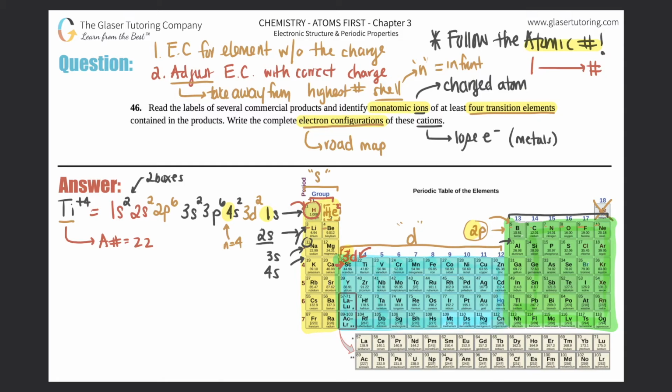So I need to get rid of 4 electrons. There's 2 here, so this whole thing goes kibosh. I still need to get rid of 2 more, because I still need to get rid of 4 total electrons. Now you work from the back. So all of these are 3s, so you work from the back, the one that you just touched.